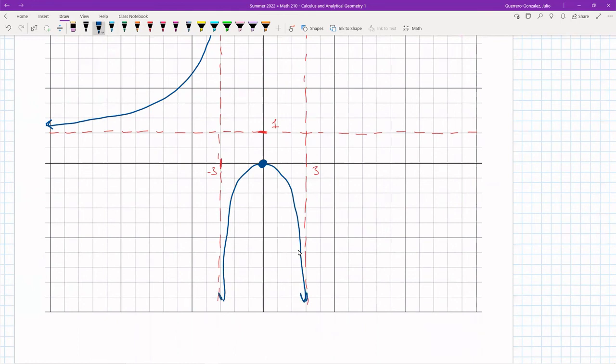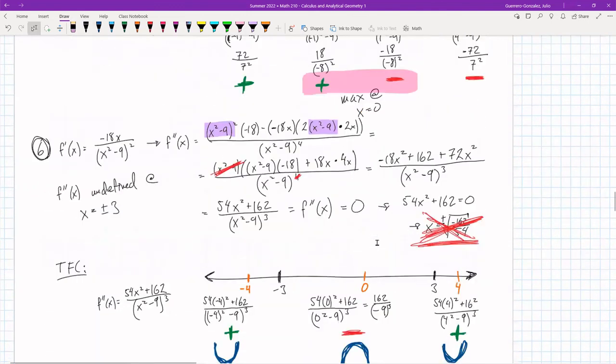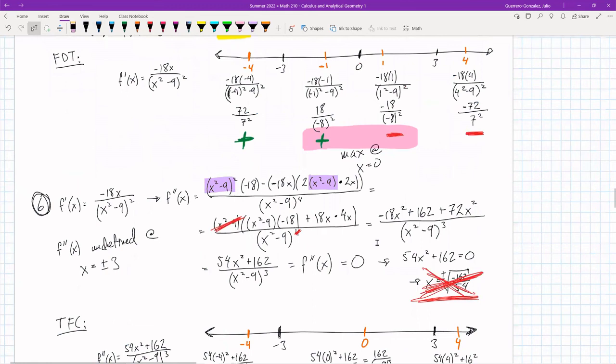We know that that 0 point, this point right here, has to be a maximum. So thankfully, all the work that we've been doing sort of pushes us in that direction, right? And then the last one, right? After 3.